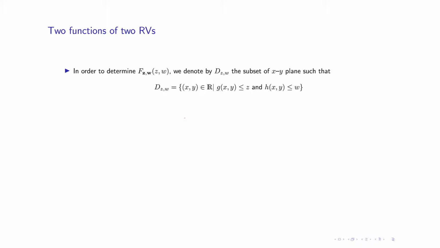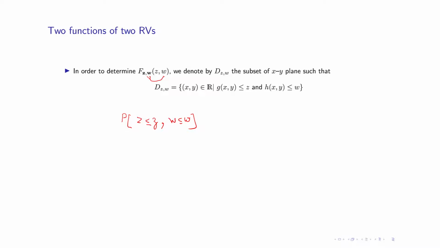If you want to determine the joint CDF of Z and W, it means the probability that Z is smaller than or equal to this real value z, and the random variable W is smaller than or equal to this real value w.